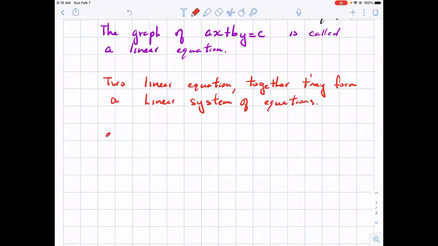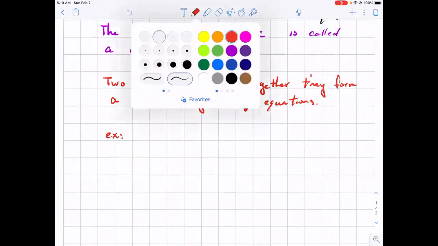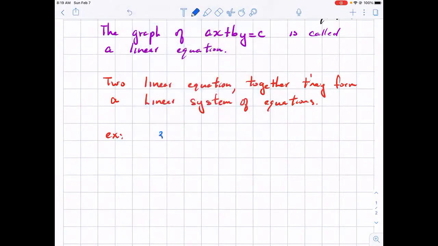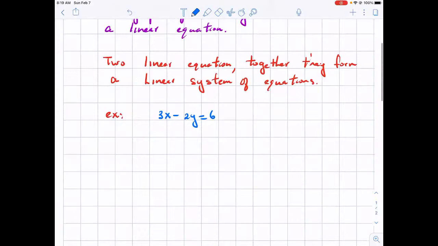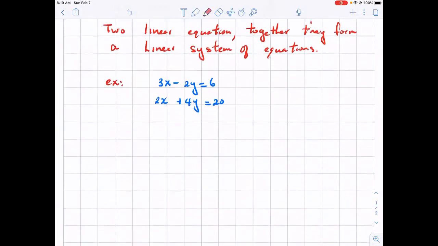For example, we have the equation 3x minus 2y equals 6, and the equation 2x plus 4y equals 20. This is a linear system because we have two equations.